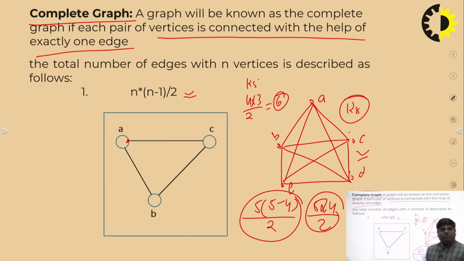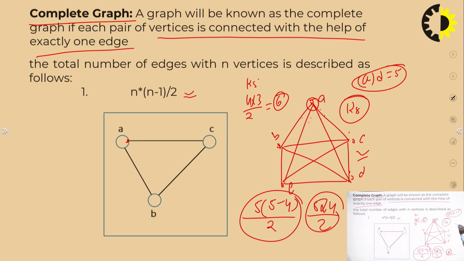One basic terminology we are going to discuss here is the degree of the node. That is a very simple one. What is the degree? The number of edges on a node is known as the degree of the node. Here 1, 2, 3, 4, 5, so the degree of A is 5. What is the degree of C?